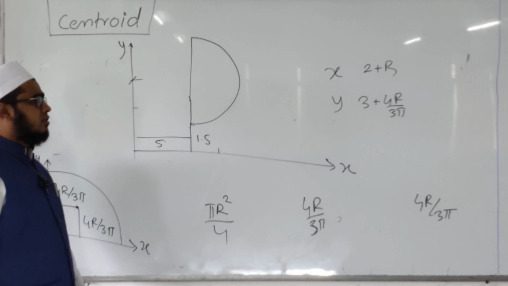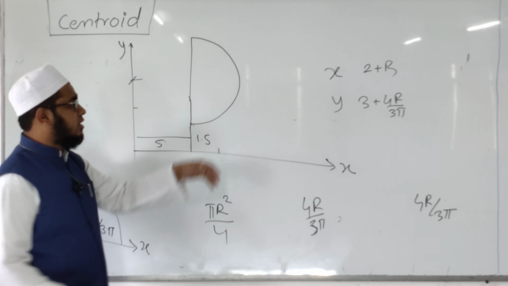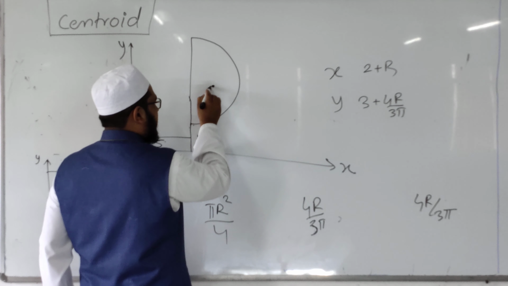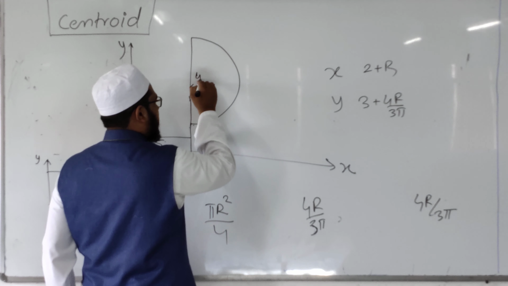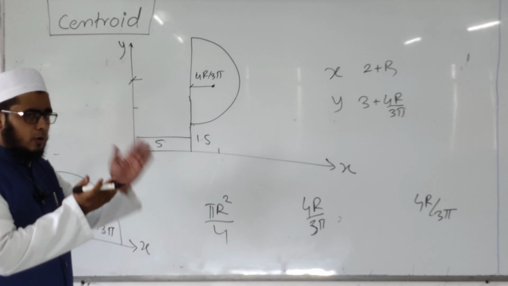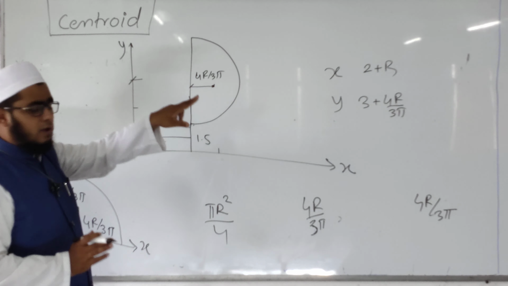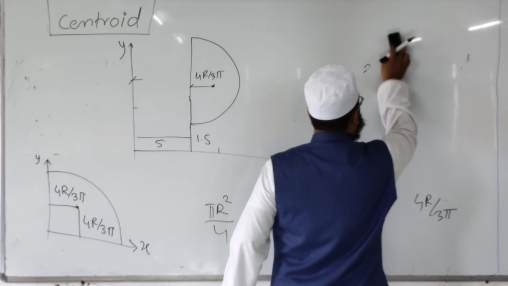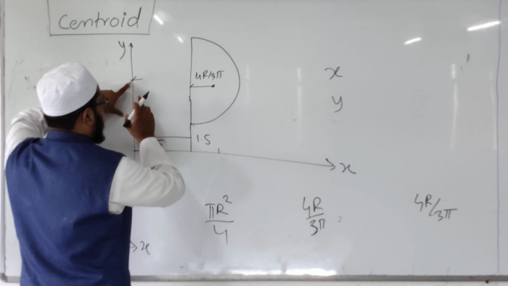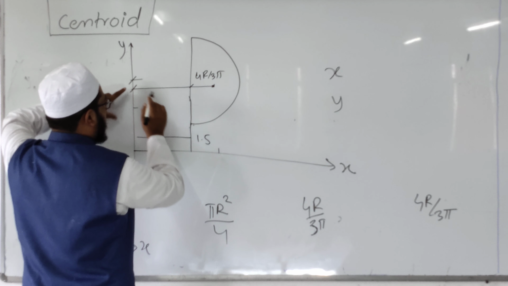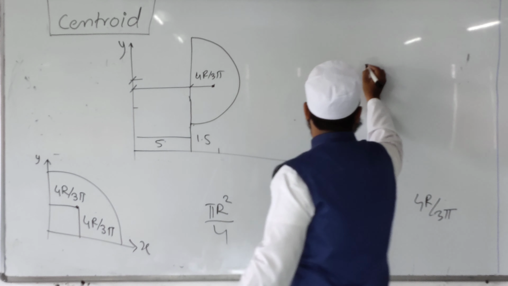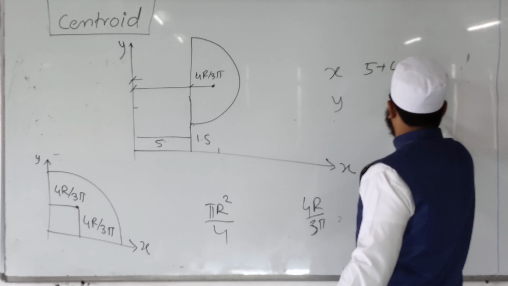If I have to find the coordinate of the centroid, I know that the centroid is lying at this point. This distance from the diameter is 4r by 3 pi. Depending upon position and orientation, the value of the coordinates will change. So if I have to calculate x, I require the total distance from this y axis, which is 5 plus 4r by 3 pi.